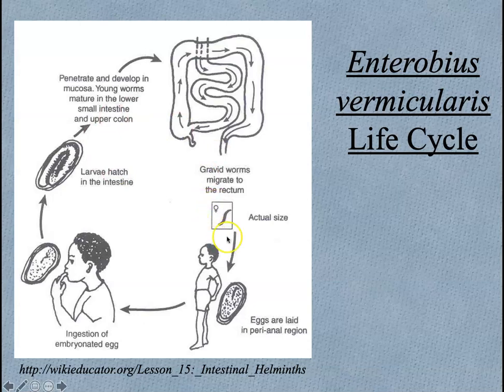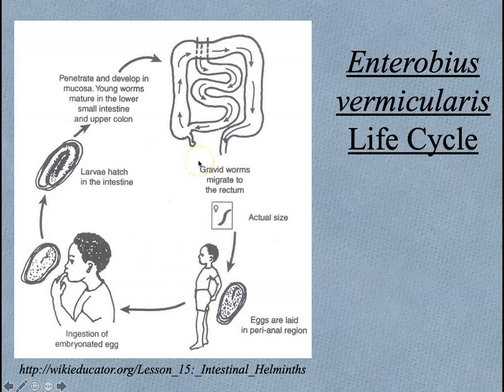So she lays her eggs, and here it's showing that the child is scratching their perianal region. And this is the most common symptom from a pinworm infection. It's called perianal itching, or anal pruritus is the medical term.